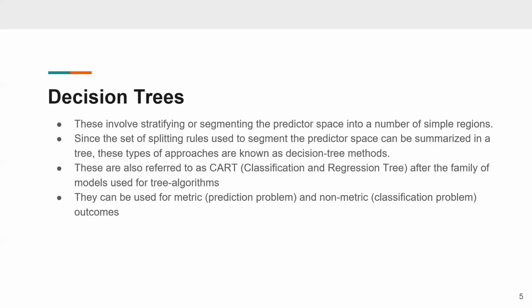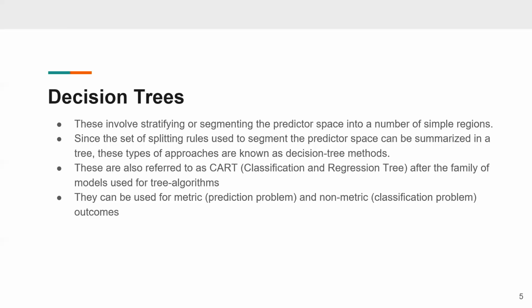It looks exactly like a tree, except that it's inverted, meaning that its root is at the top. These are also referred to as CART, classification and regression trees, after the family of models used for tree algorithms. They can be used for metric prediction problems or non-metric classification problem outcomes.